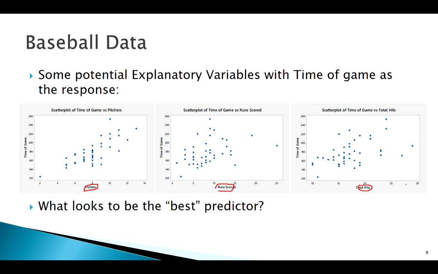Maybe you look at these scatter plots and think the most obvious, tightest pattern is probably here, so maybe you would say pitchers. But runs scored looks like there's some kind of pattern going on, and hits looks like there's a pattern there too. So maybe it's not so obvious.